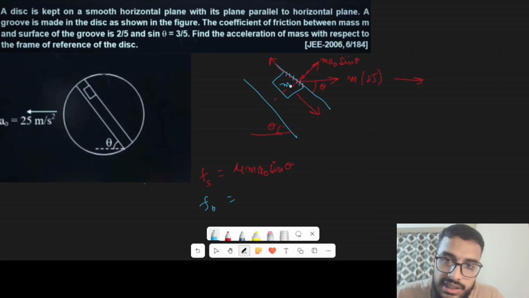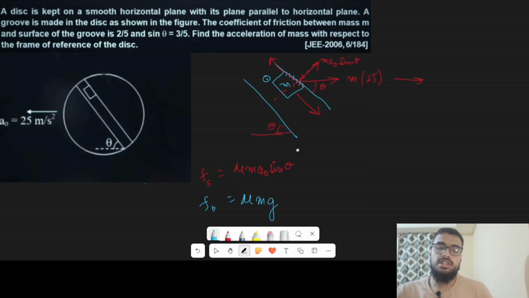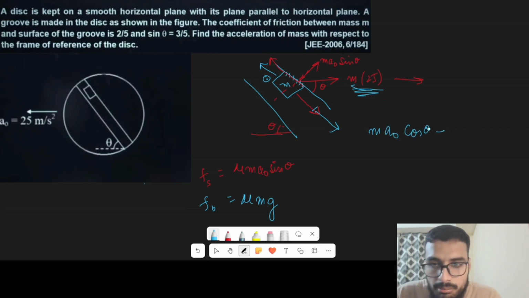For the bottom, the downward gravitational force is mg, so there should be a normal out of this plane, since we are in the top view. So the friction will be mu times mg directly. These two are the frictional forces and both act opposite to the direction of motion. Now we make the net equation. The component of force trying to bring it in this direction is m a naught cos theta, minus fs minus fb, the frictional forces of the side and of the bottom.